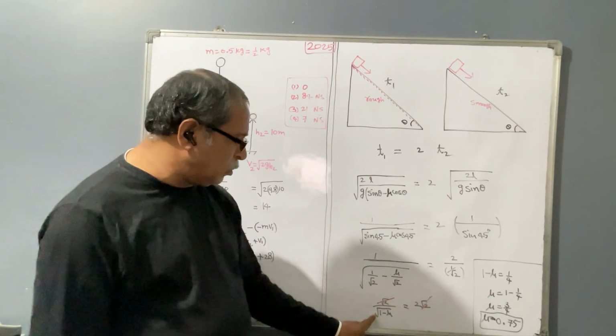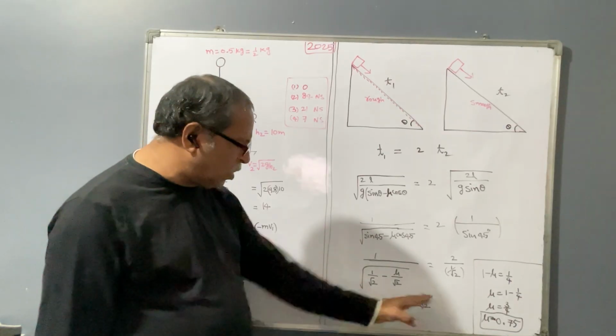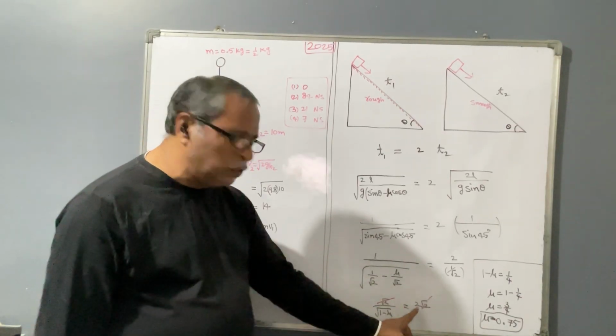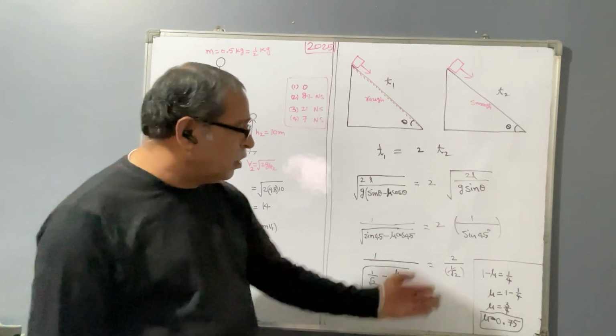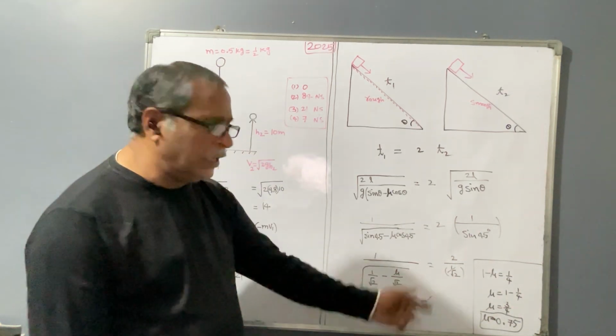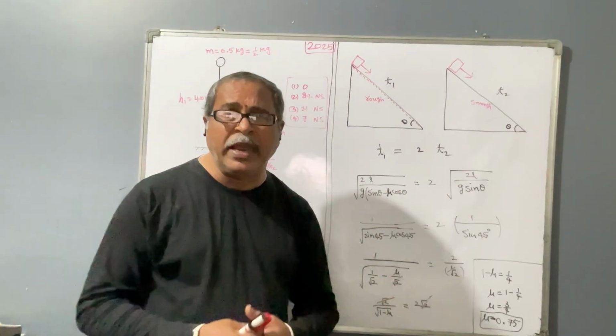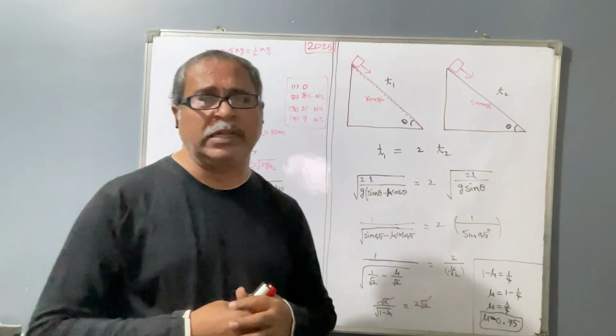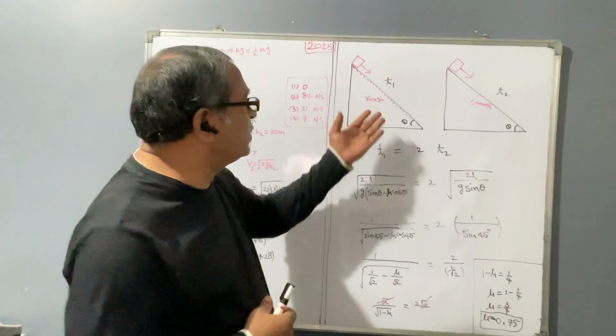Then squaring on both sides, 1 by (1 minus mu) equals 4. So 1 minus mu equals 1 by 4, then mu equals 1 minus 1 by 4, that is 3 by 4, 0.75, the coefficient of kinetic friction for the rough surface.